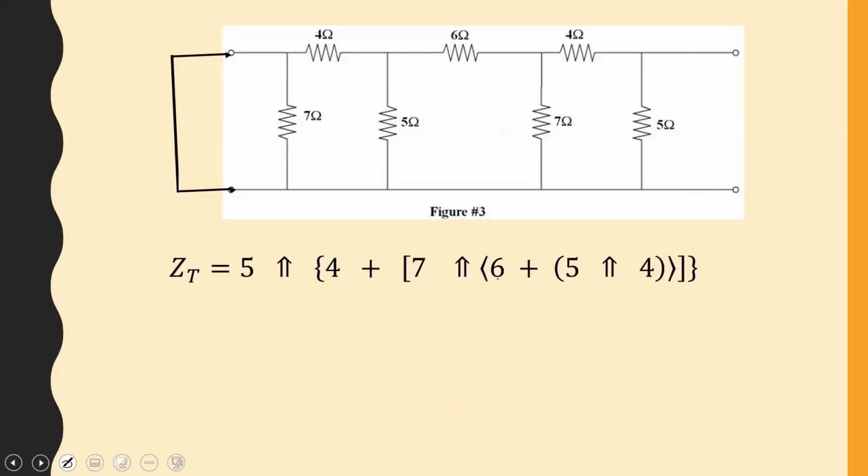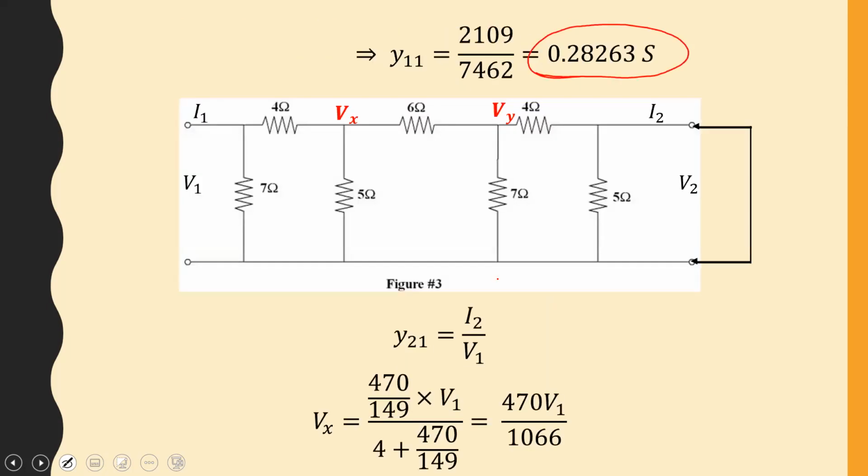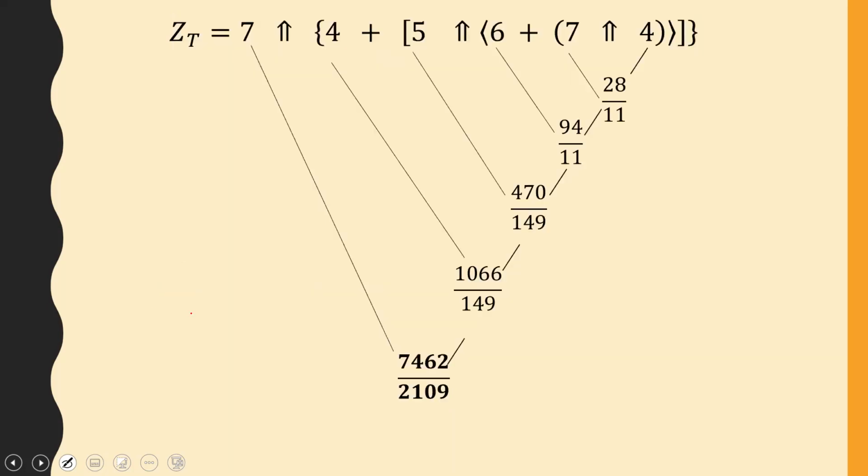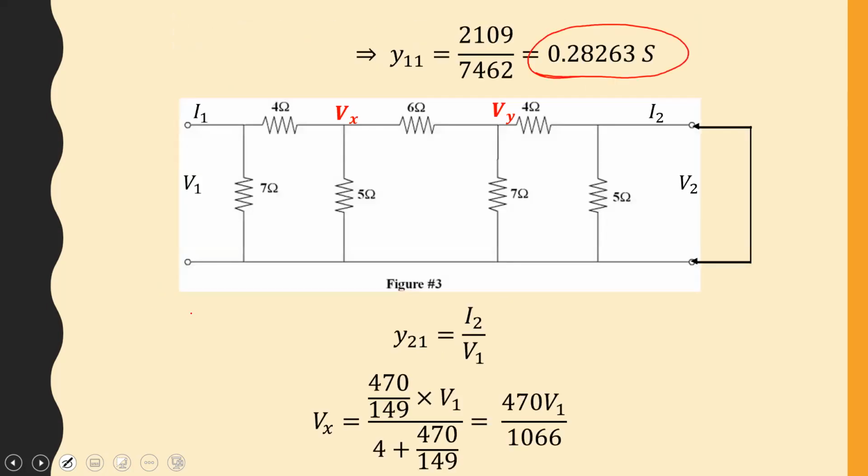So I'm going to go back up top. So first, I short circuit port 2, and then I find ZT, invert that in order to find Z11, Y11. I then do this voltage division thing.